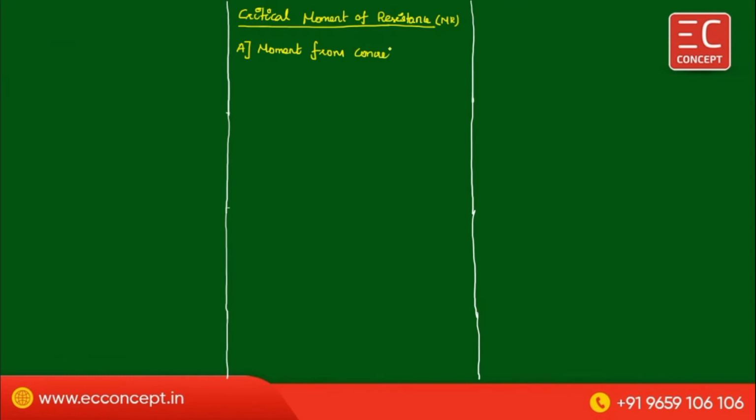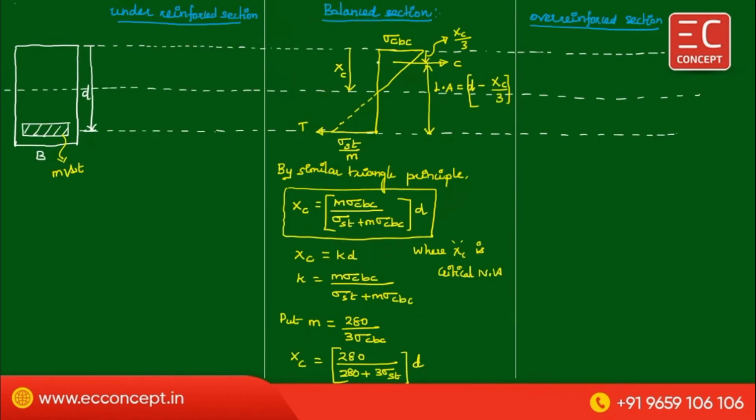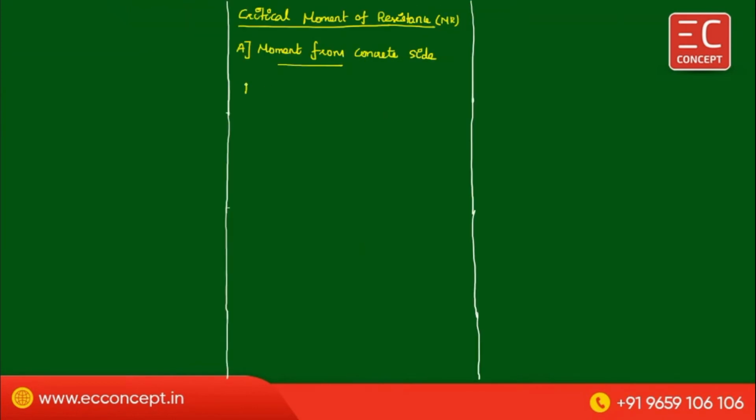If we take moment from the concrete side, that means if you take moment from C to T, therefore moment of resistance is equal to C into lever arm. Now what is C? Half into sigma CBC B into XC. So this is the force.